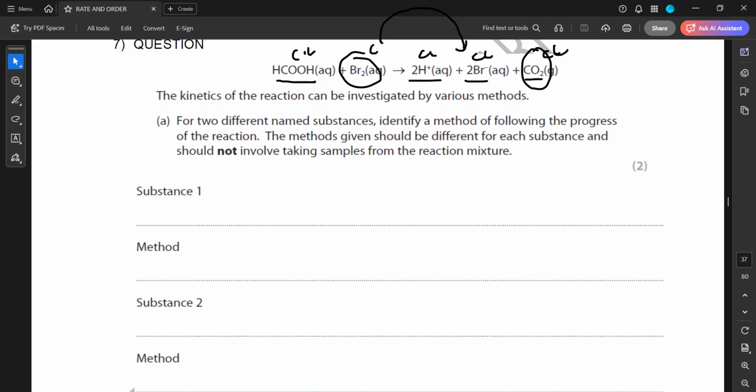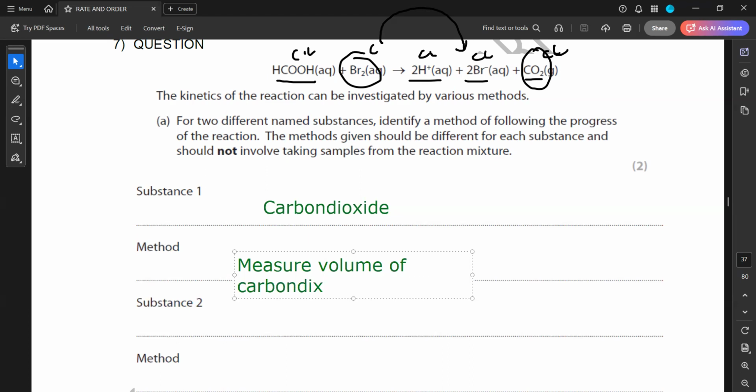The substance here is carbon dioxide, and the method is to measure the volume of carbon dioxide. When we measure the volume of carbon dioxide in a unit time, we can determine the rate of the reaction. All the values should be with reference to time, or change in volume of a gas.